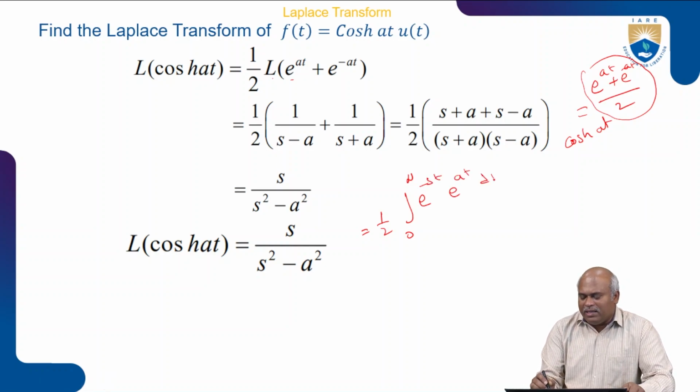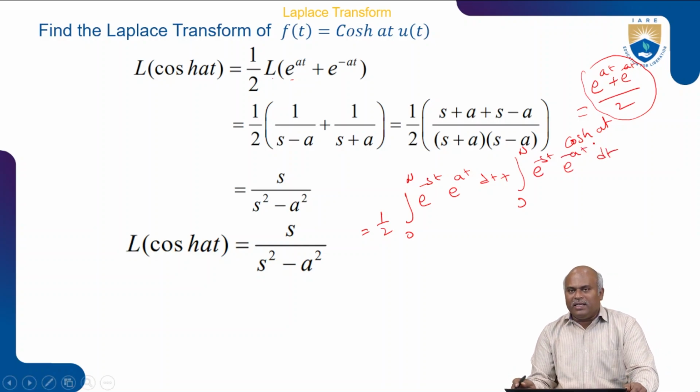Okay, dt plus integration of 0 to infinity e power minus st e power of at dt, that is minus at dt, I wrote.